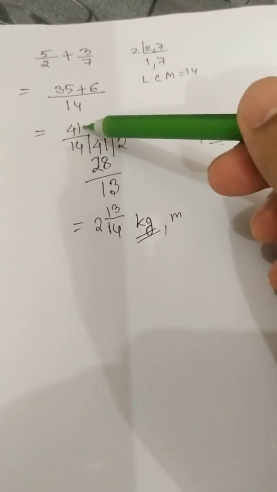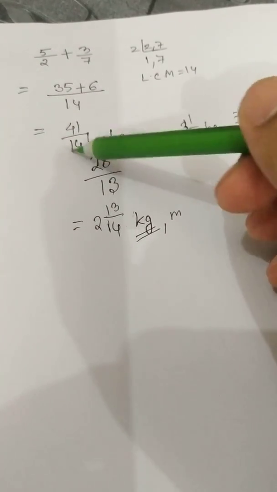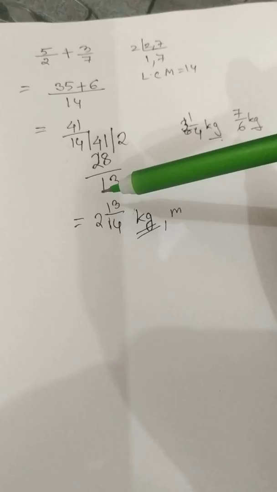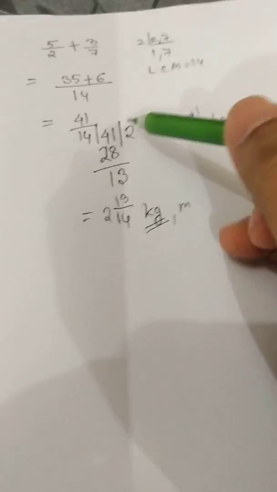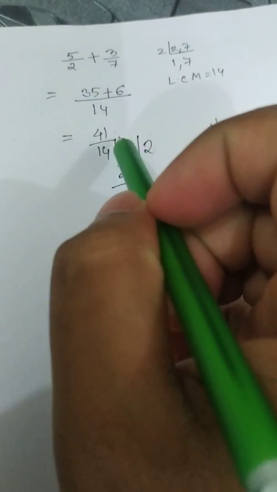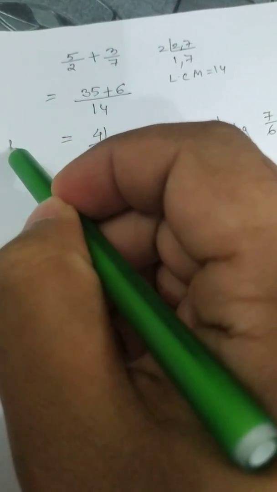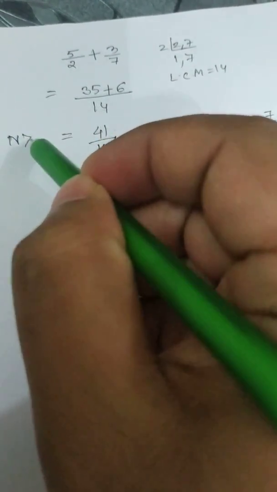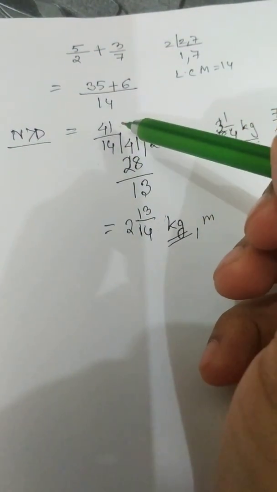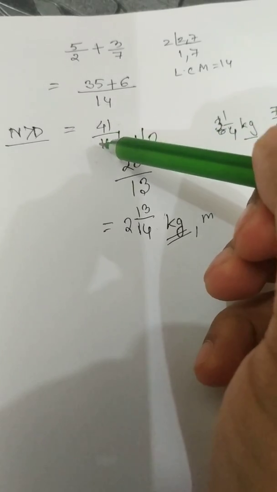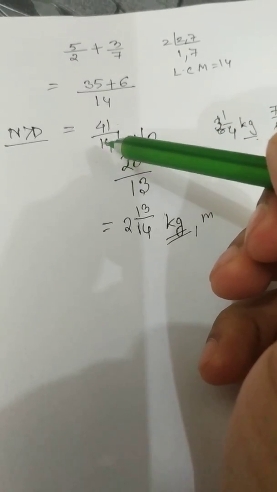If you get an improper fraction, what does an improper fraction mean? That means the numerator is greater than the denominator, right? We already know what a mixed fraction is, like an improper fraction. The numerator is always greater than the denominator.